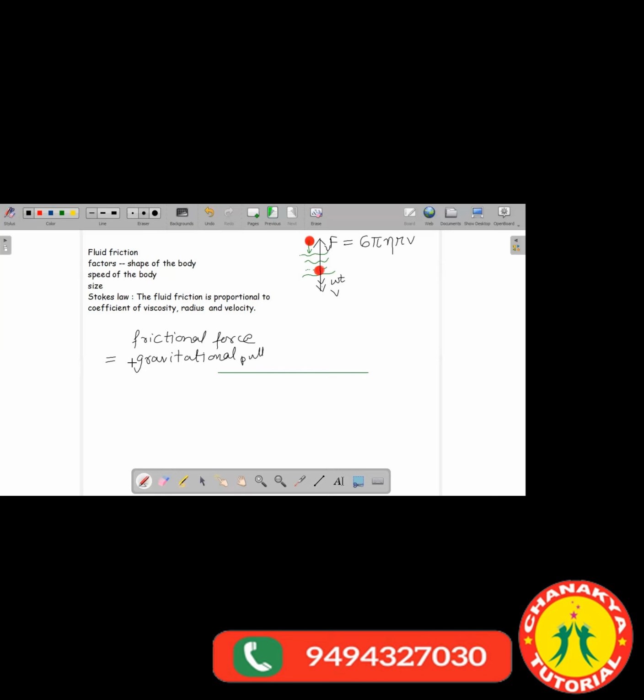Shreyasi, what should happen? Should the ball stand there or should it move? Shreyasi, you are muted. So can you think what will happen?